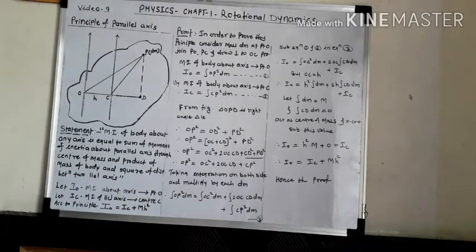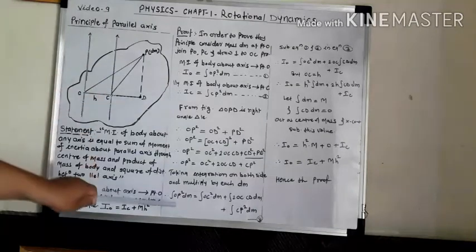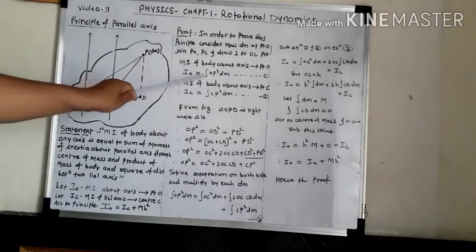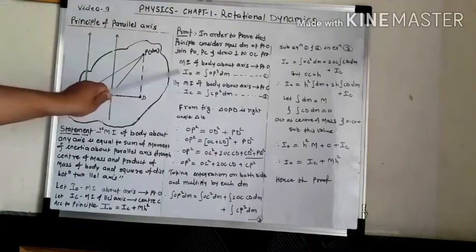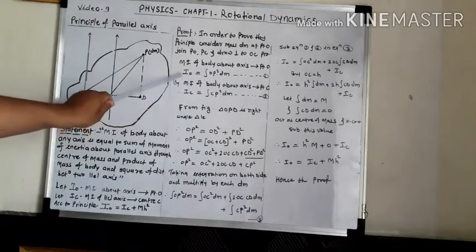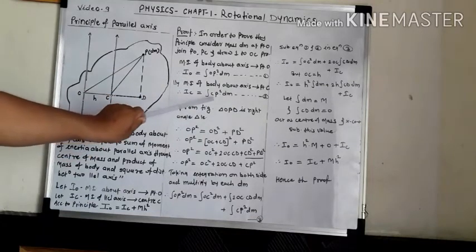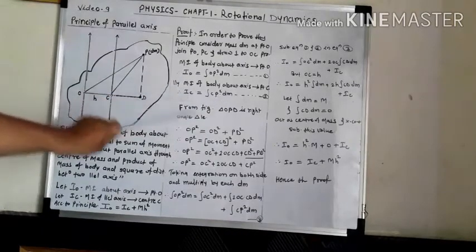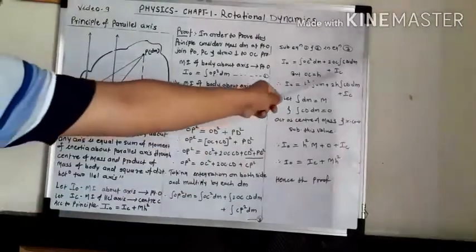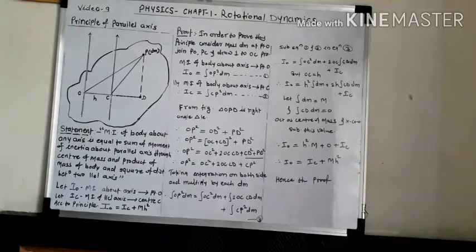And then equations 1 and 2 can be substituted in this equation 3. You can observe this integration of OP square dm is nothing but the IO. Then instead of OP square dm, we can substitute IO. Again, integration of CP square dm, we can substitute IC. Understand?